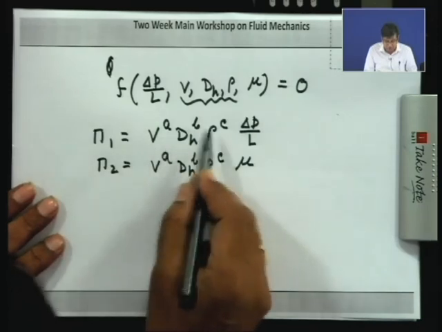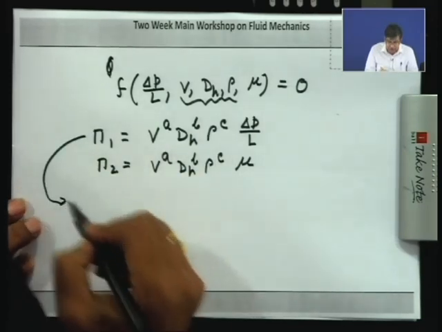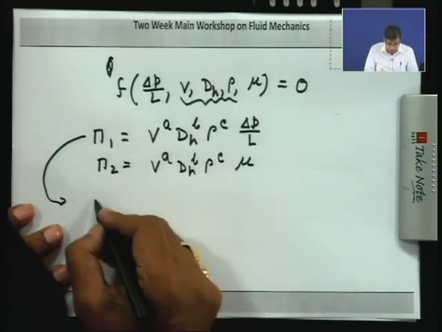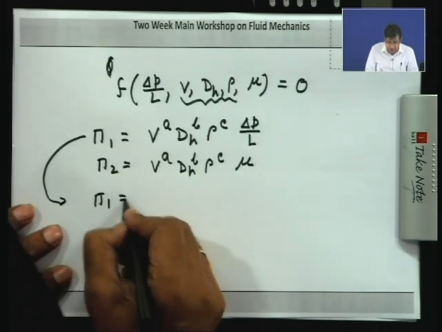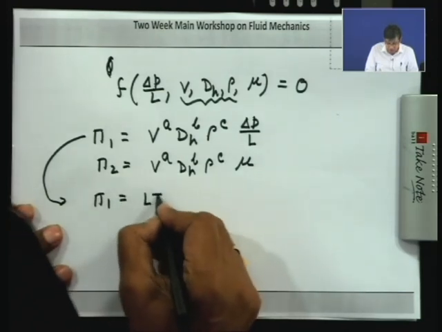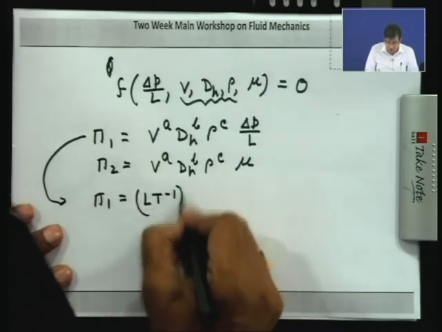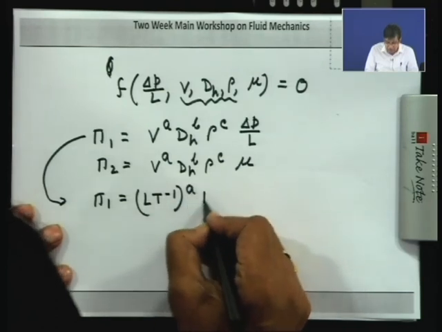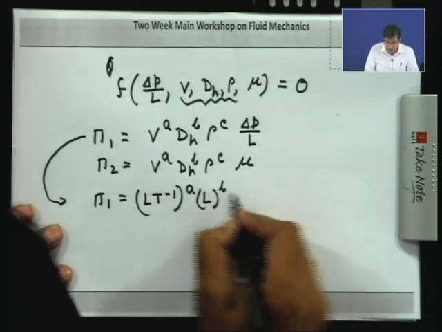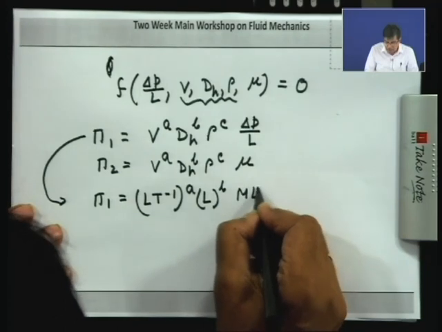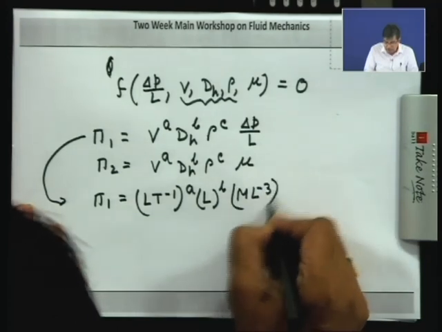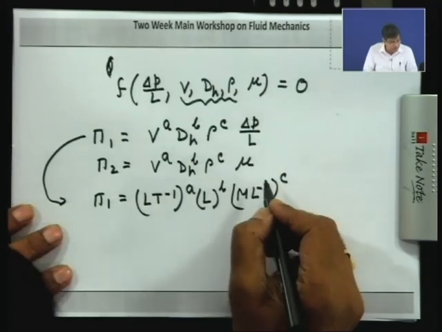Now, solve for A, B, C. The first pi term gives pi 1 equal to V, which is L T to the power minus 1, to the power A, L to the power B, M L to the power minus 3 to the power C. What is delta P by L?